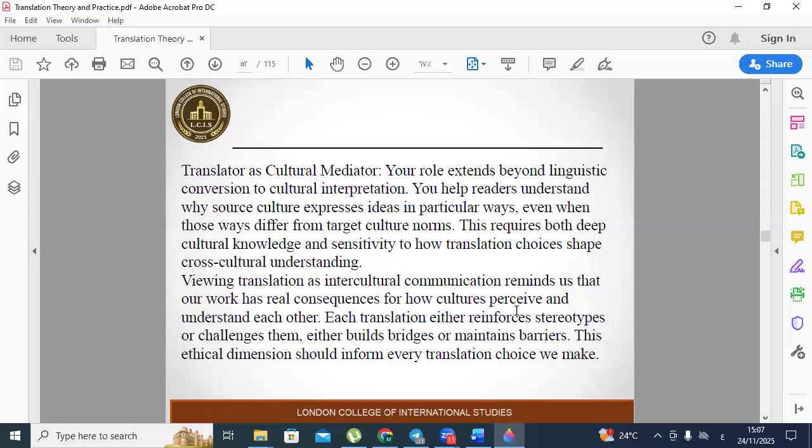Viewing translation as intercultural communication reminds us that our work has real consequences for how cultures perceive and understand each other. Each translation either reinforces stereotypes or challenges them, either builds bridges or maintains barriers. This ethical dimension should inform every translation choice we make.